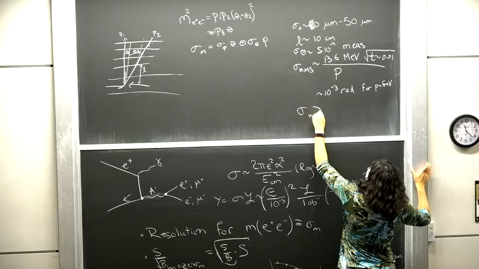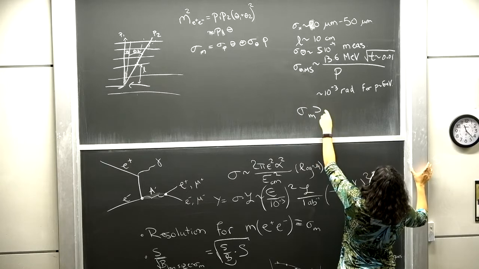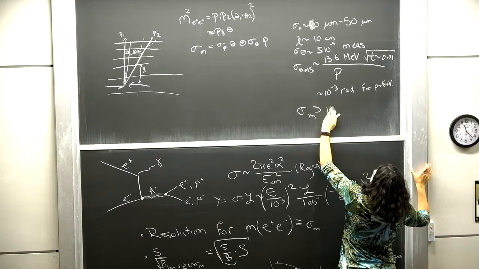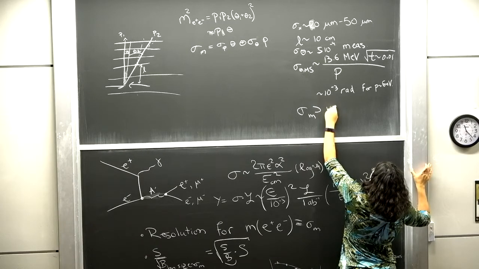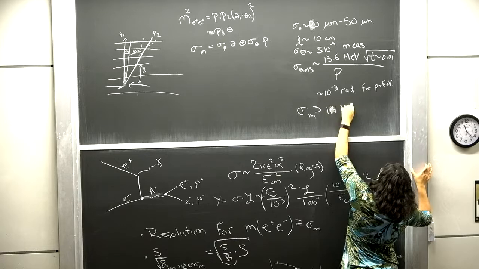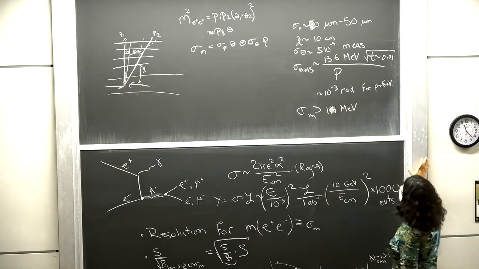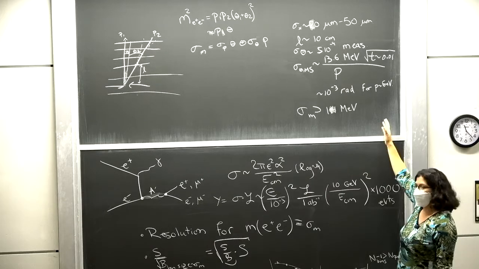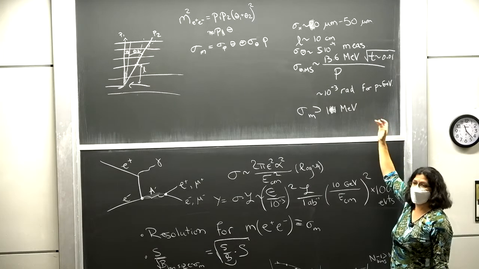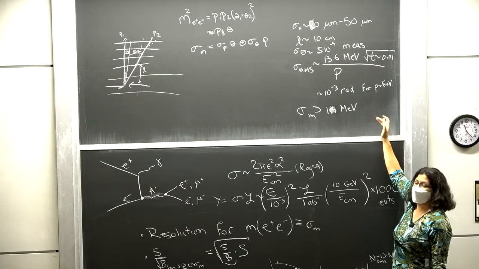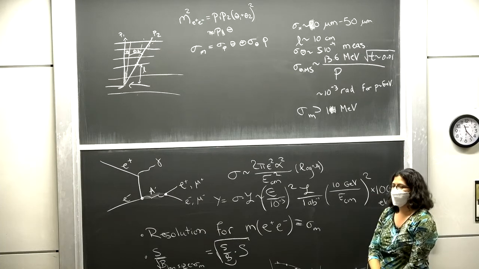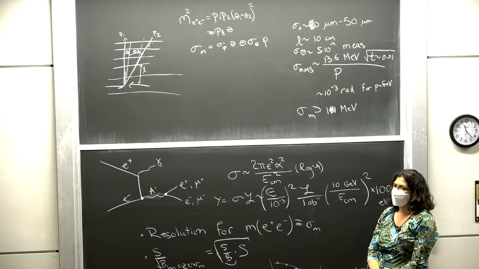And that gives me a contribution to sigma m that's at this level of 1.4-ish MeV from just taking the sigma theta, multiplying it by p. And that turns out to be the scale of the smallest mass resolution that Babar achieves at low invariant masses. Yeah? Is the way to interpret this that that would be the error bar on any mass measured?